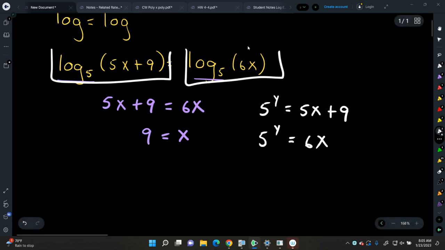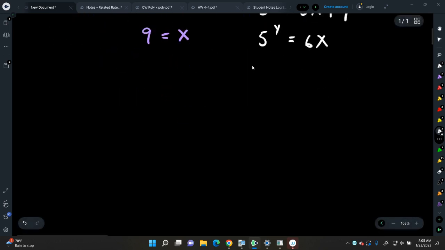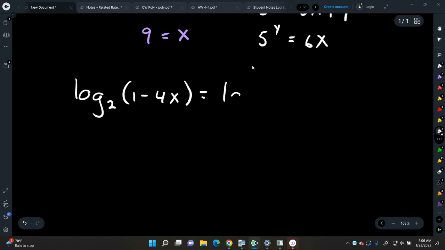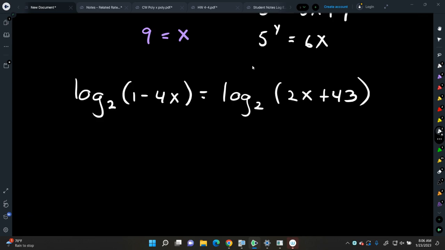Okay, so let's do some more of these. How about log base 2 of 1 minus 4x equals log base 2 of 2x plus 43. Okay, what do we do?